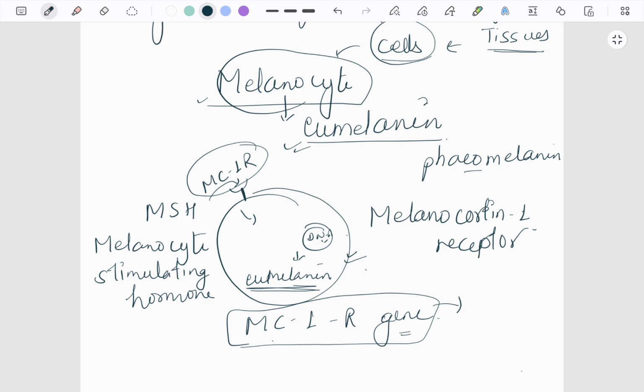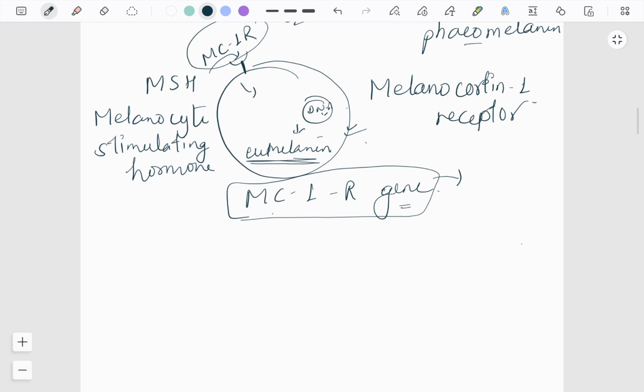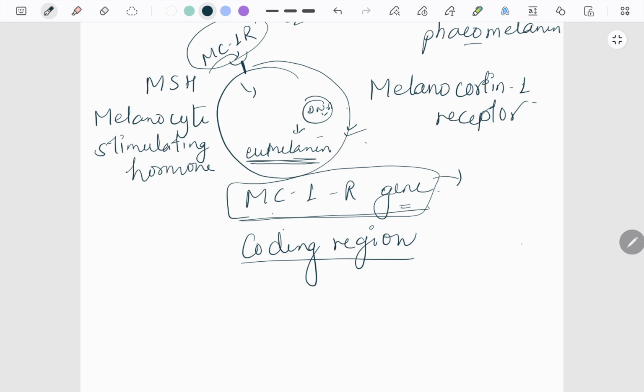Okay. Now MC1R gene. So what happened during evolution in this MC1R gene? In its coding region there was a mutation at one place. Because of that, in this protein, melanocortin 1 receptor, there is a change in one amino acid.